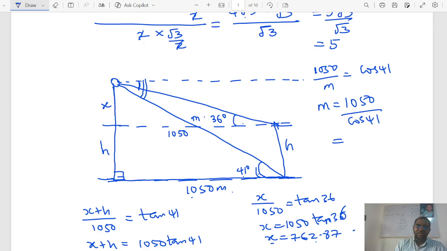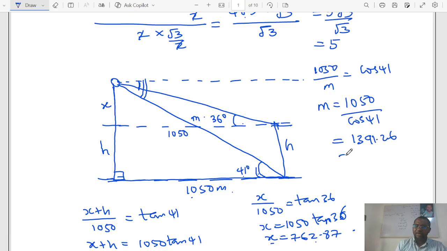Yes, 1391.26. So I'm going to have here 1391.26, which is approximately 1391 to the nearest meter.